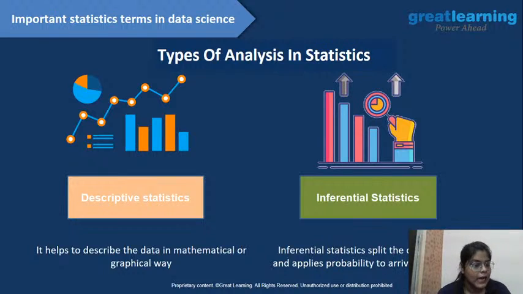But inferential statistics, what is that? It splits the data into samples and applies probability to arrive at a conclusion. Suppose you have said, hey, I feel this data set is all about this. To arrive at a particular conclusion, it will divide your data into samples and apply probability, right?